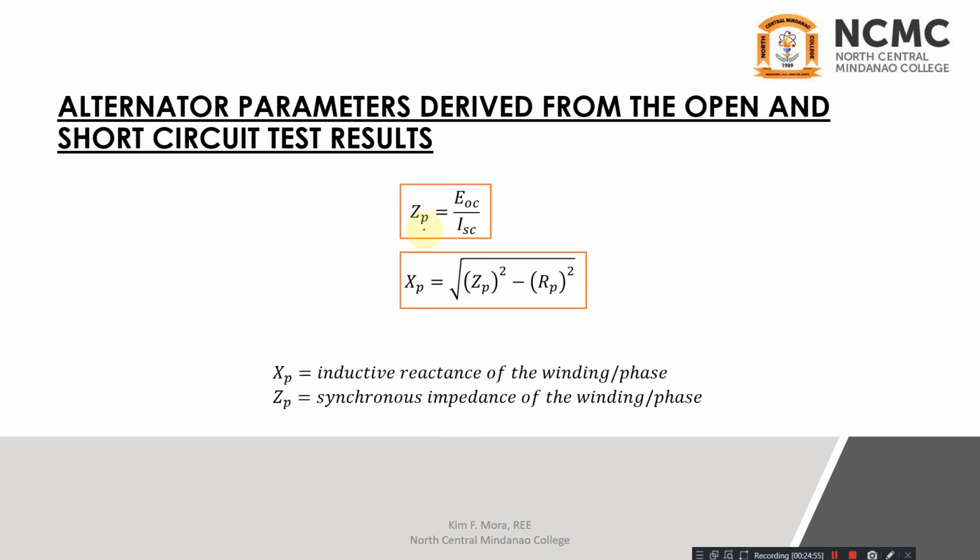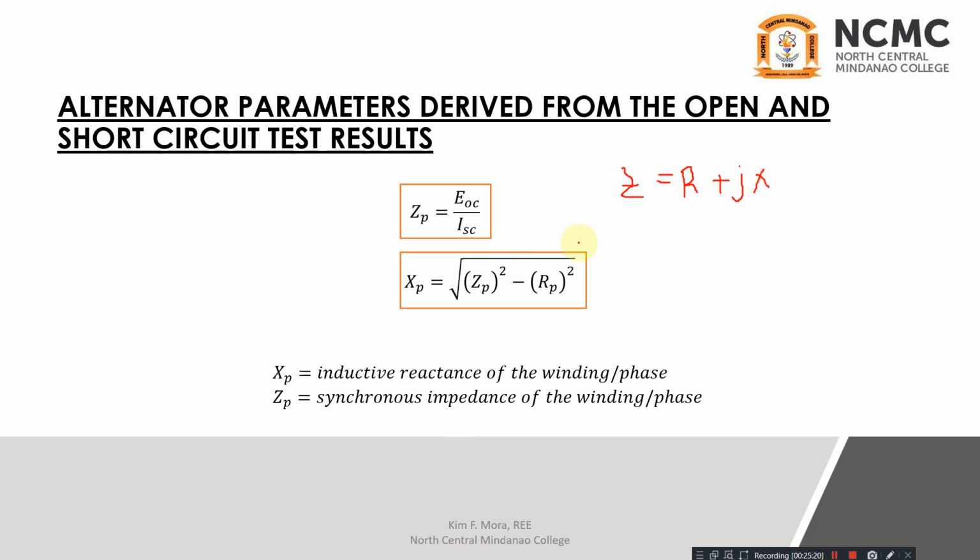So ZP, the impedance, is equal to the open circuit voltage over the short circuit current. And remember, the impedance is equal to the resistance plus the reactance.